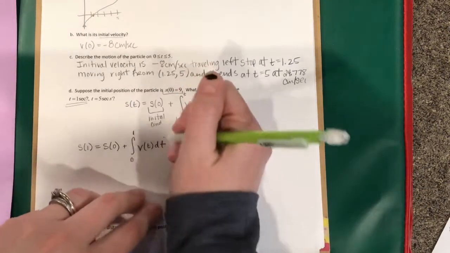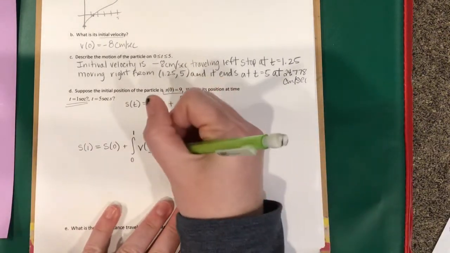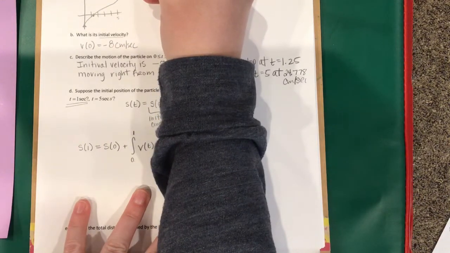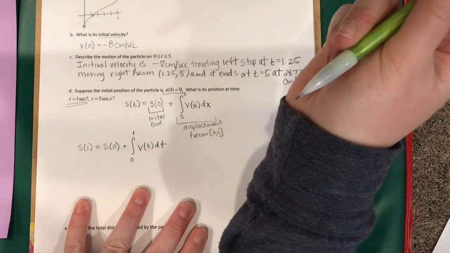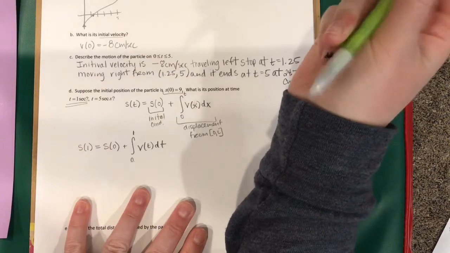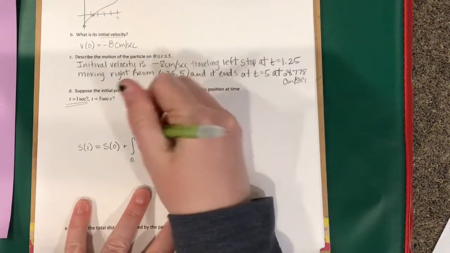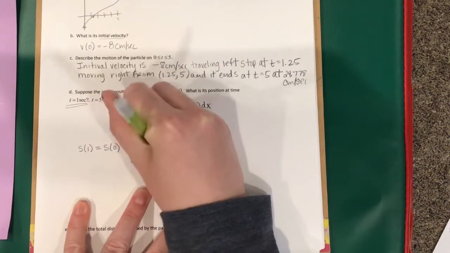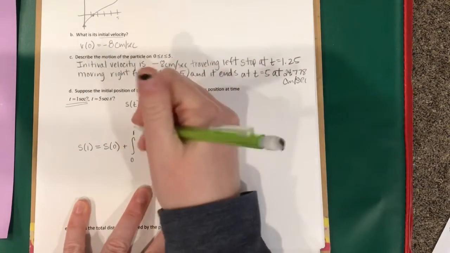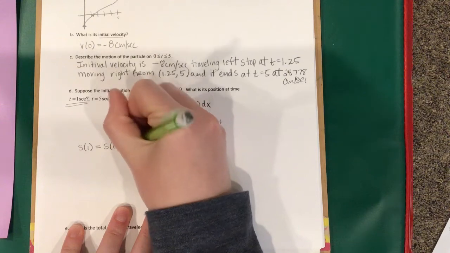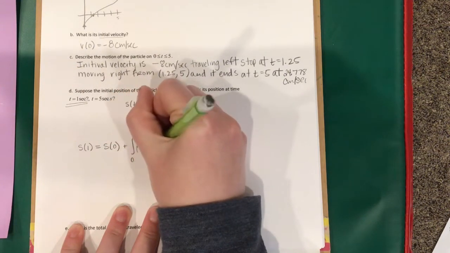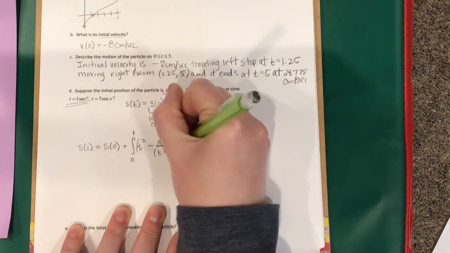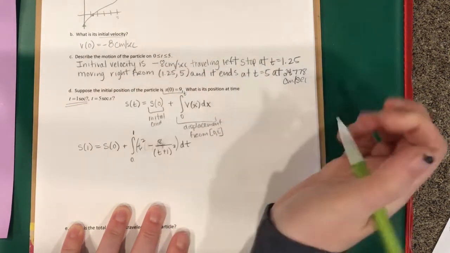Now, if I'm looking for my integral from 0 to 1 of this function, we would end up having to do a little bit of u substitution here, but I'm going to erase that for you guys. All right, so now t squared minus 8 over t plus 1 squared dt.